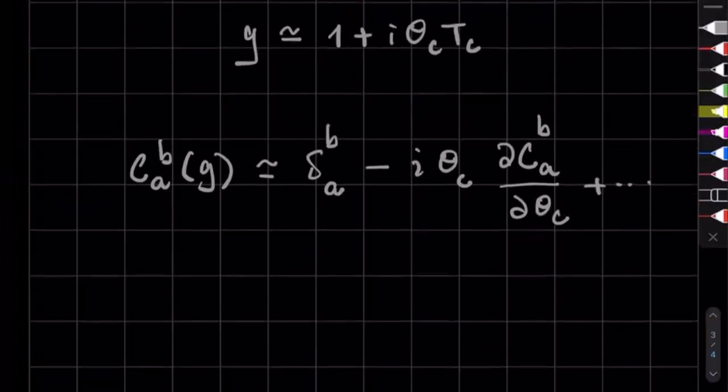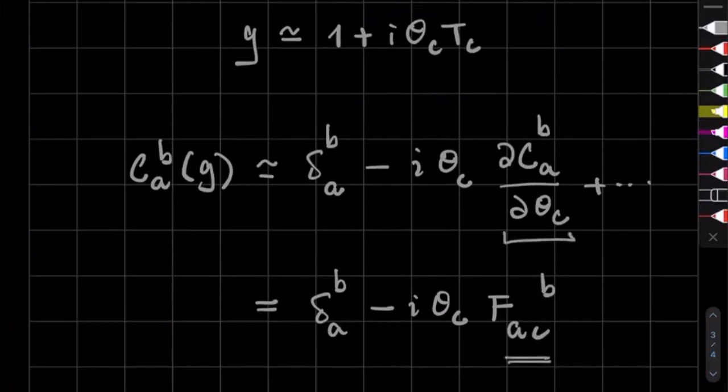So we can write this as delta_AB minus i theta_C f_ACB. These coefficients are taken at the value g equals 1.